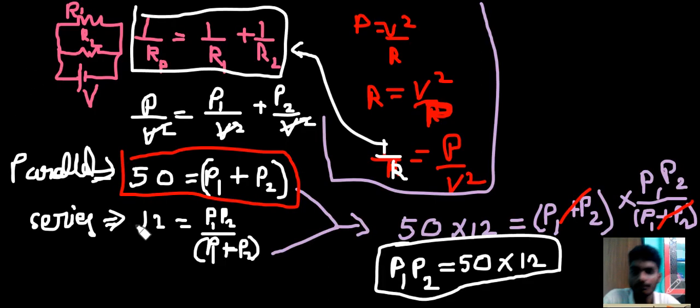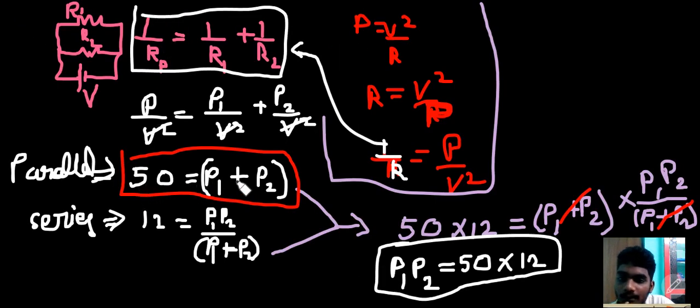So I'm going to substitute the values here right now. We need to find (p1 minus p2) whole square, which is (p1 plus p2) whole square minus 4 into p1 p2. We found the values here, so I'm just substituting.